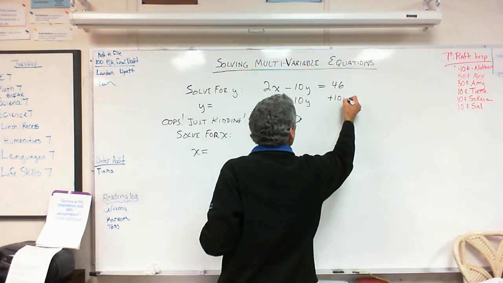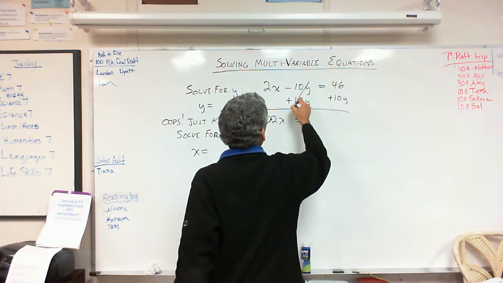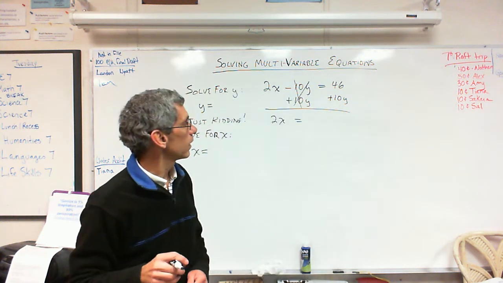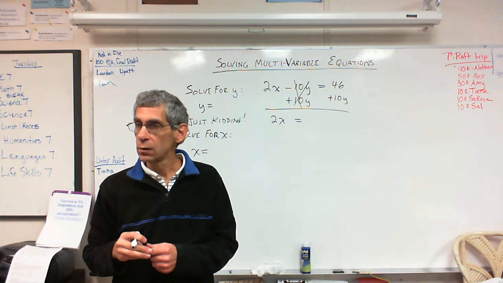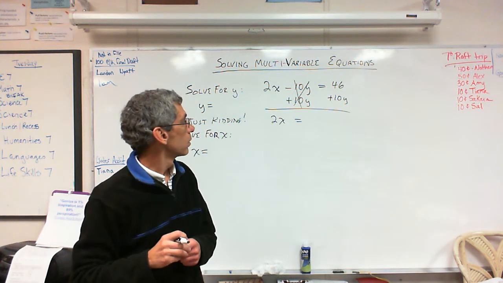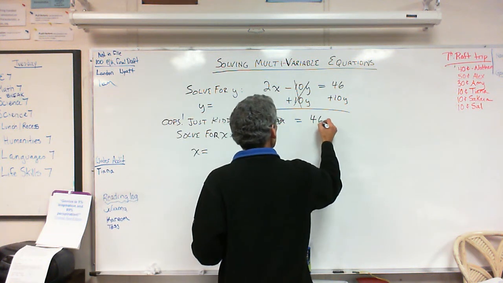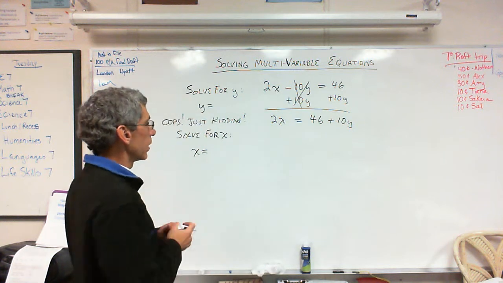Plus 10y. Draw my line. I've got 2x is equal to, these cross out, right? So now I have 46 plus 10y. Or I could do 10y plus 46, either way.